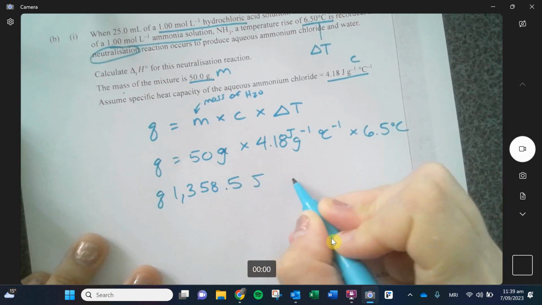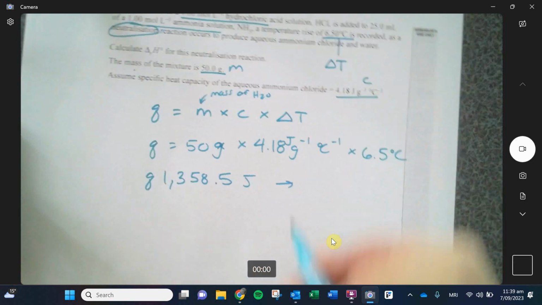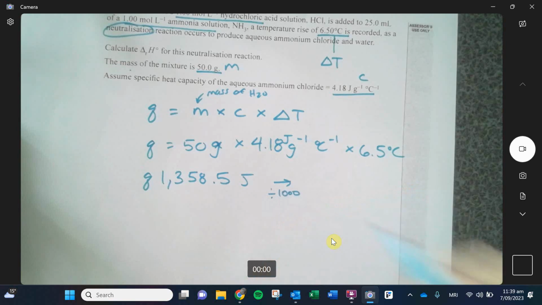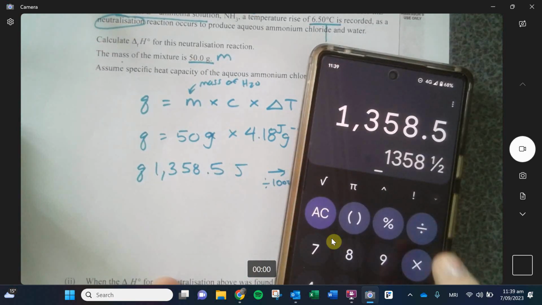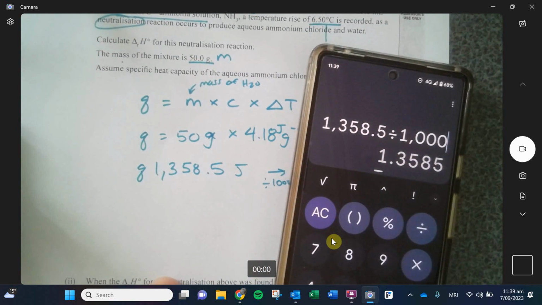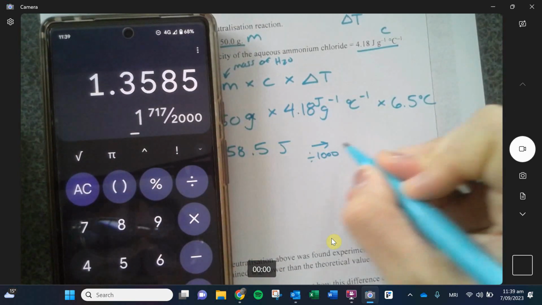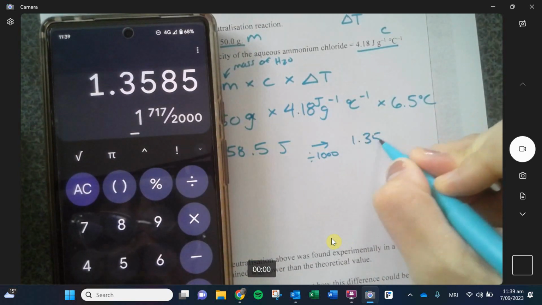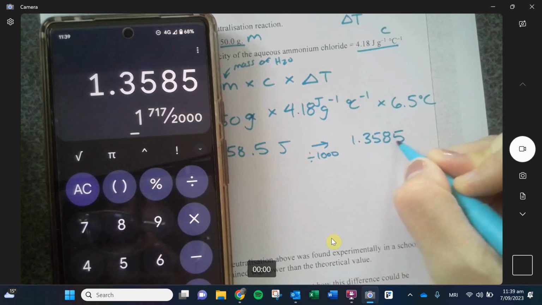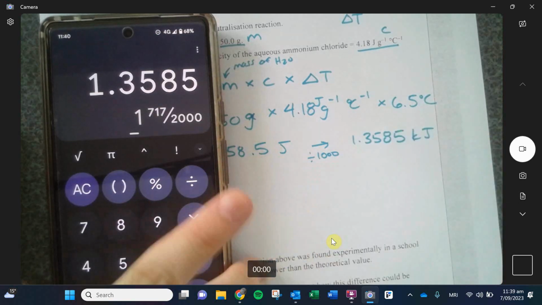And if we want to convert that into kilojoules, we'll just divide by 1,000. You don't need to, but I find it helpful because we usually think in kilojoules. So that'd be 1.3585 kilojoules is what was released.